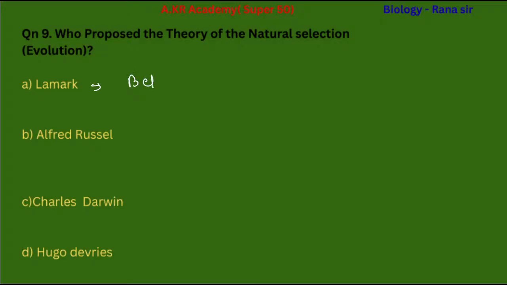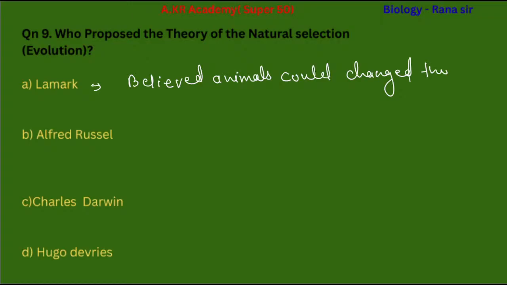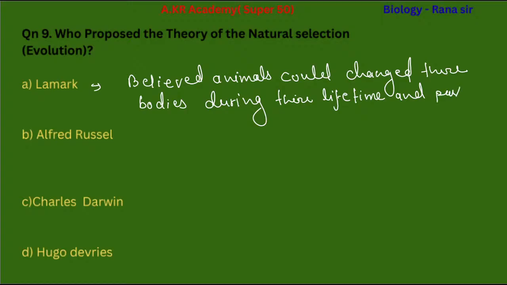Lamarck believed animals could change their bodies during their lifetime and pass it on. That is a wrong theory.